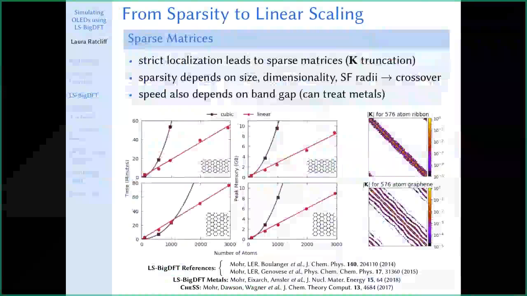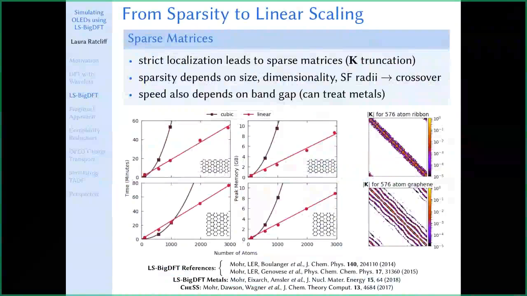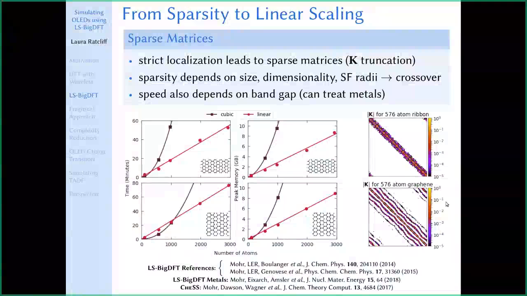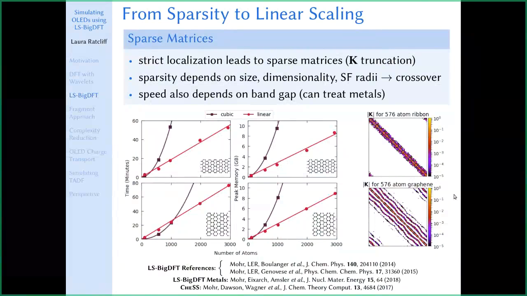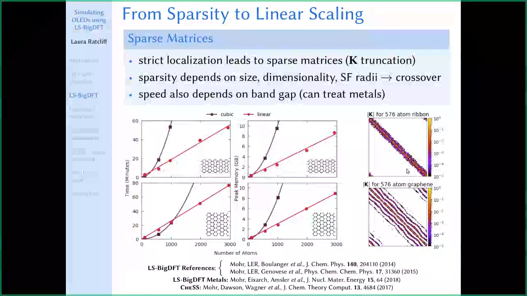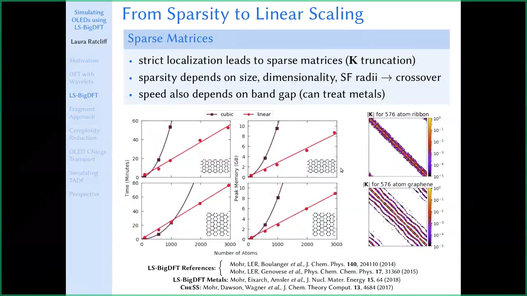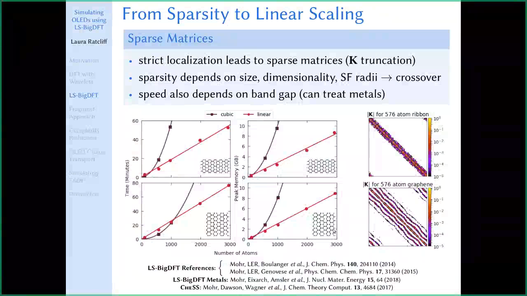I think that is part of it. Another large part is that a lot of the results I've shown here are in free boundary conditions or surface boundary conditions, and in ONETEP you're by default in periodic boundary conditions, and perhaps making some approximations thereafter to simulate open boundary conditions. But what you can see already is that for BigDFT, having something quasi one-dimensional versus something two-dimensional makes a big difference for the crossover.